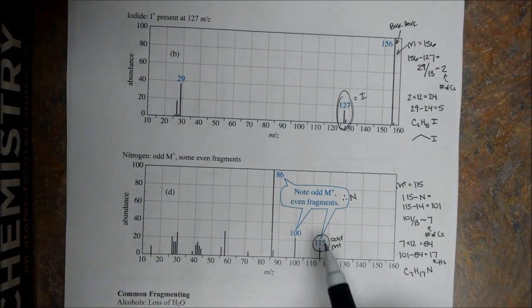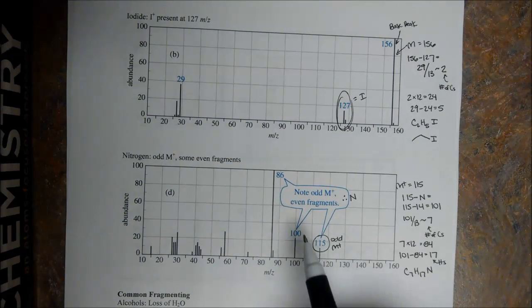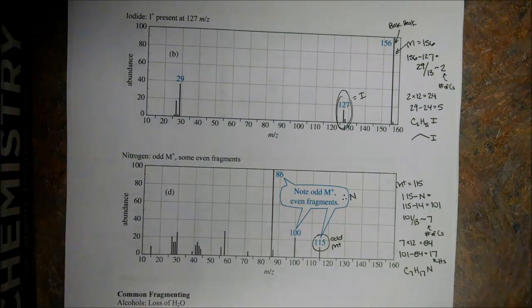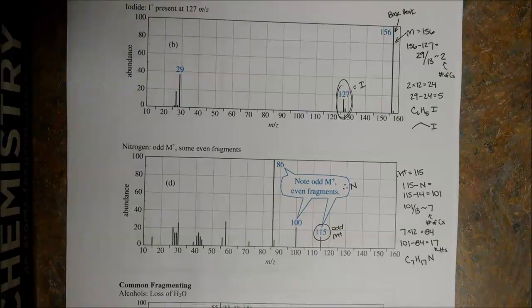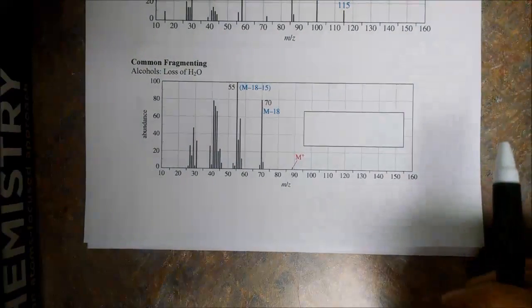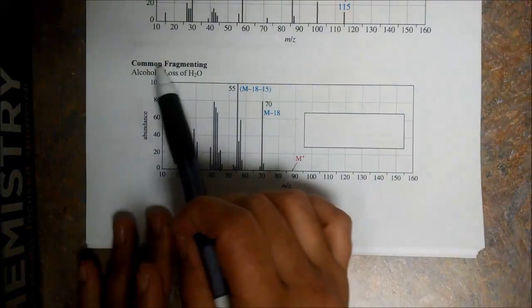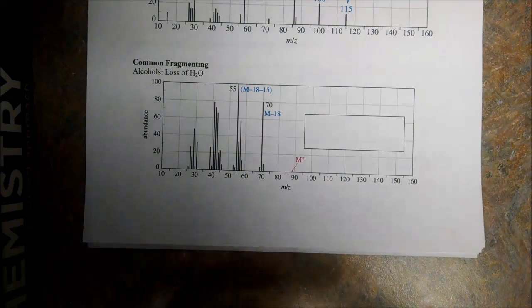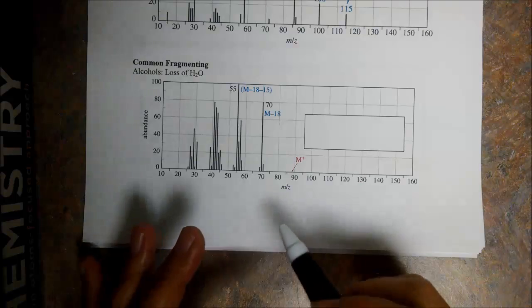And when we have an odd molecular ion but even mass fragments, then we probably have a nitrogen. So those are the unique mass patterns. How about some common fragments? On to common fragmenting. Again, these are unique mass patterns that will indicate something about the structure of our compound.